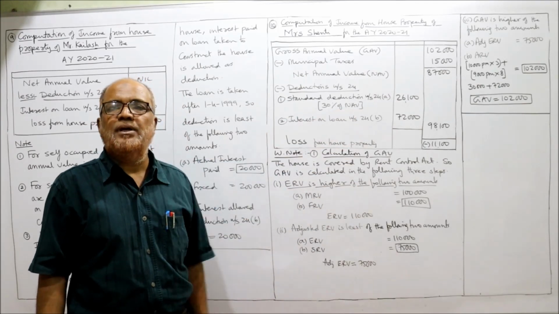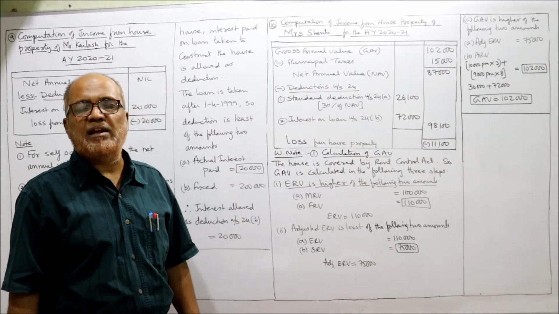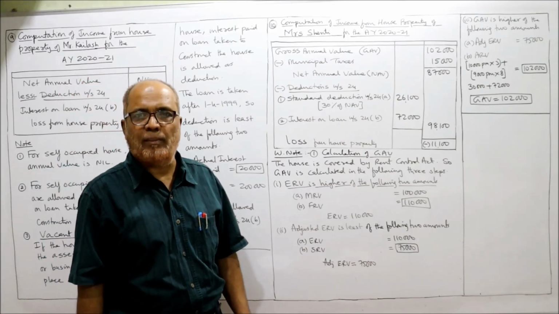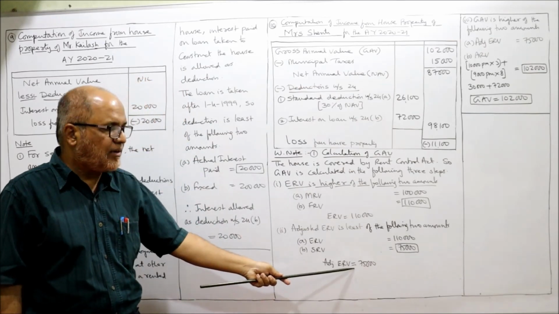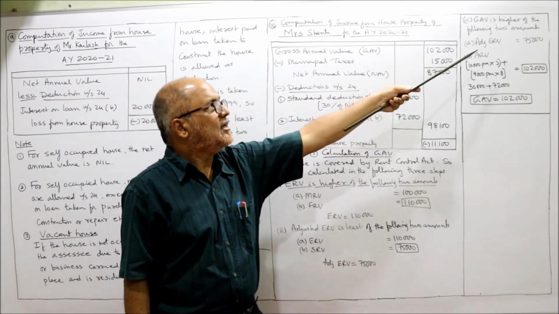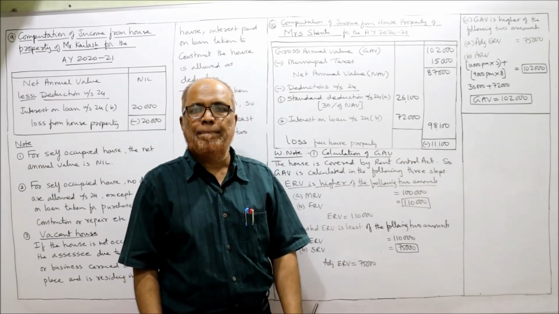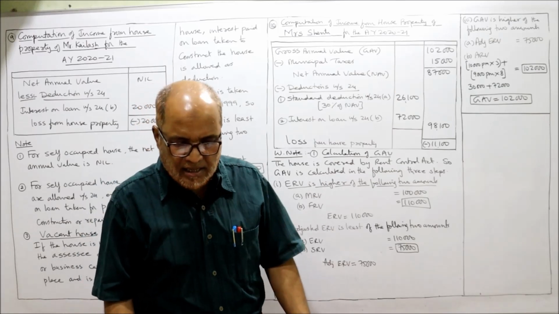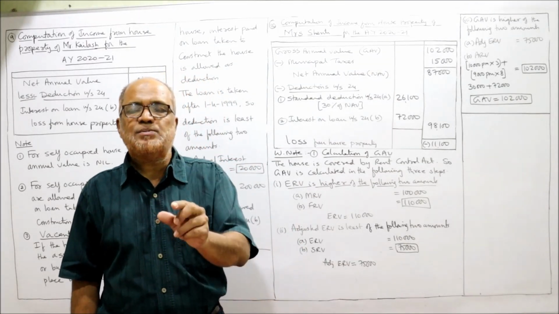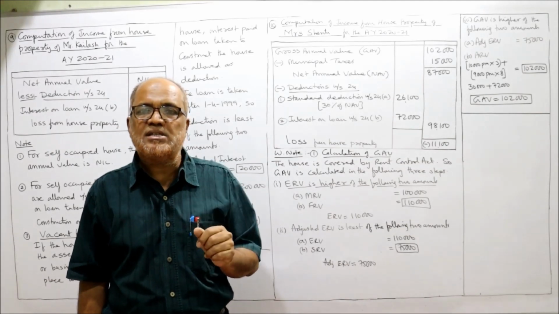Now third step, GAV is the higher of the following 2 amounts. Gross annual value is the higher of the following 2 amounts. First one, adjusted ERV. How much is adjusted ERV? 75,000. Second one is ARV, actual rent received. The old tenant, Mrs. Pavani, was paying the rent 10,000 per month. For how many months has she paid?